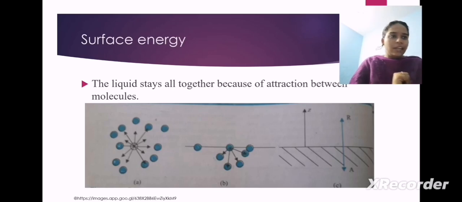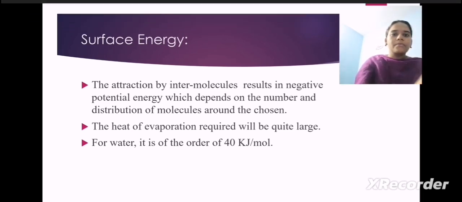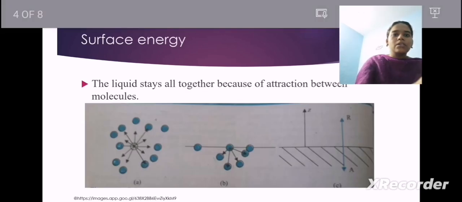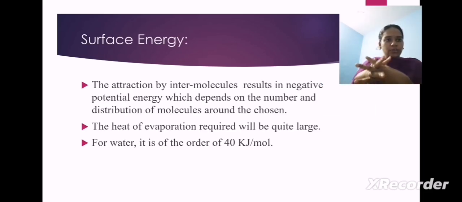Let's explain them one by one, shall we? So in the first diagram, you can see that at the center, the arrow marks point out to the other circles, right? That is, these atoms are bonded together.